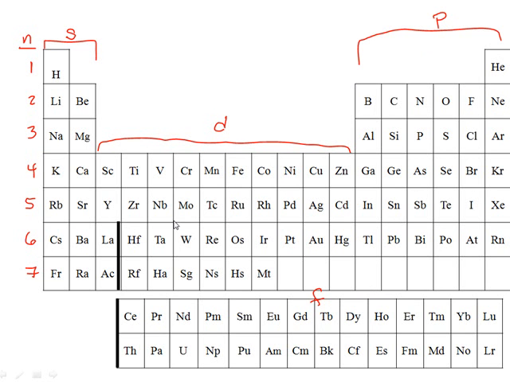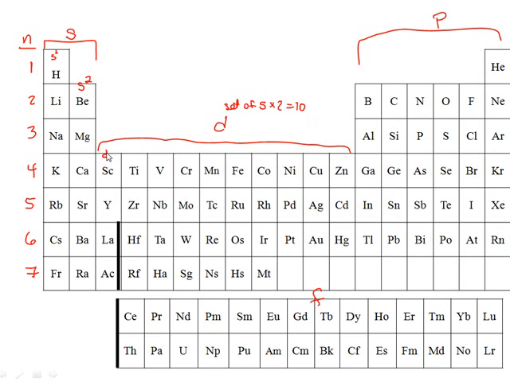Now, notice that an s sublevel, or s suborbital, can only hold 2 electrons. So we get an s1 or an s2. d's come in sets of 5, so they can hold 2 electrons each, for 10 electrons.